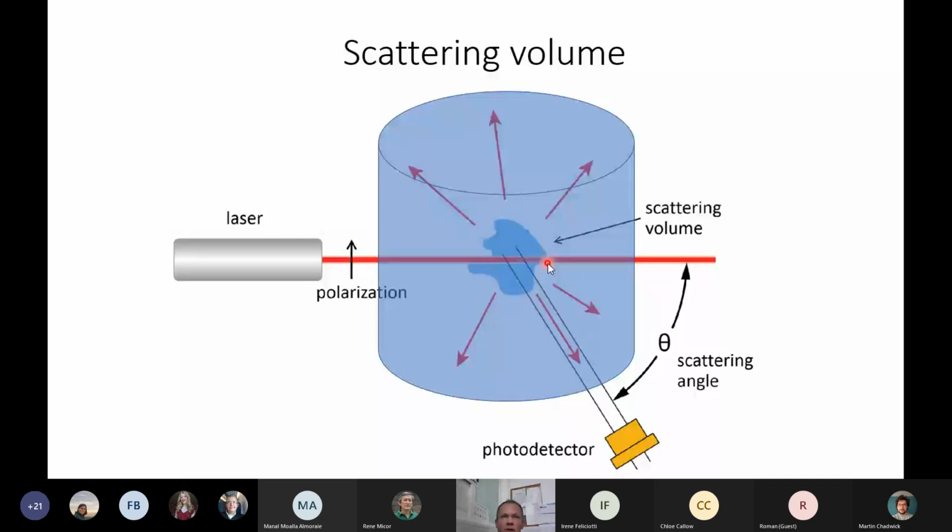Every time we have some number of proteins in the scattering volume, and this number is changing because some proteins are leaving the scattering volume and some proteins are coming in. Okay, I think this is pretty clear.